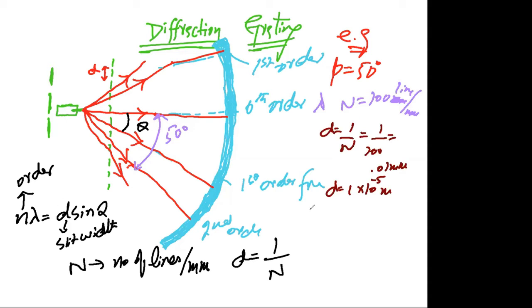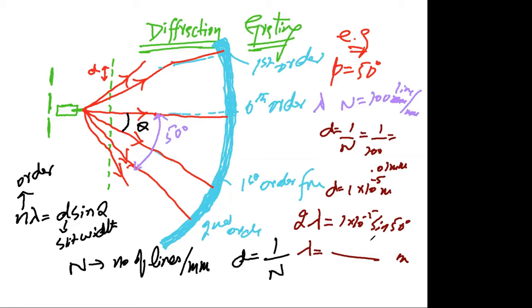So this will be 2 lambda equals d, which is 1 times 10 to the power -5, times sine theta, the angle which is given to me, that is 50 degree. So your lambda will be equal to, calculate this. Okay. So you will get this wavelength of light in meter.